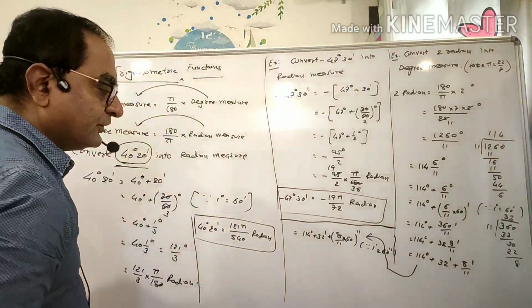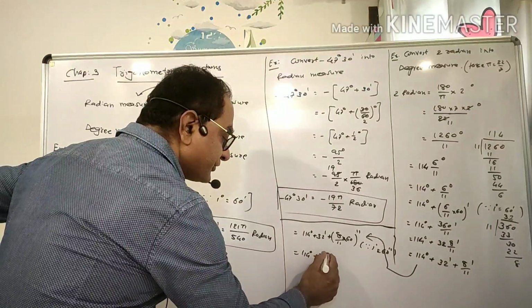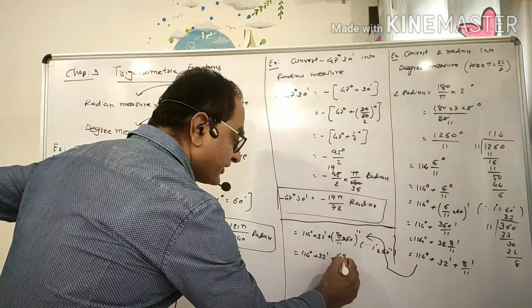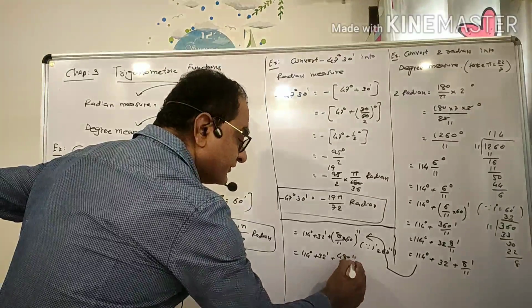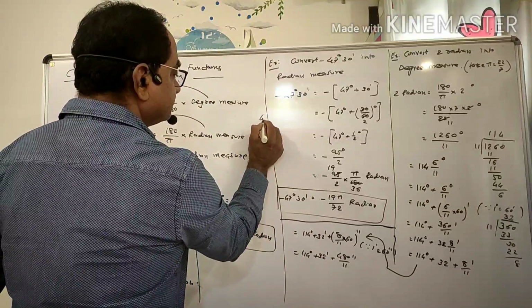So it will be 114 degree plus 32 minutes plus 480 by 11 seconds. We will have a division of 480 by 11.